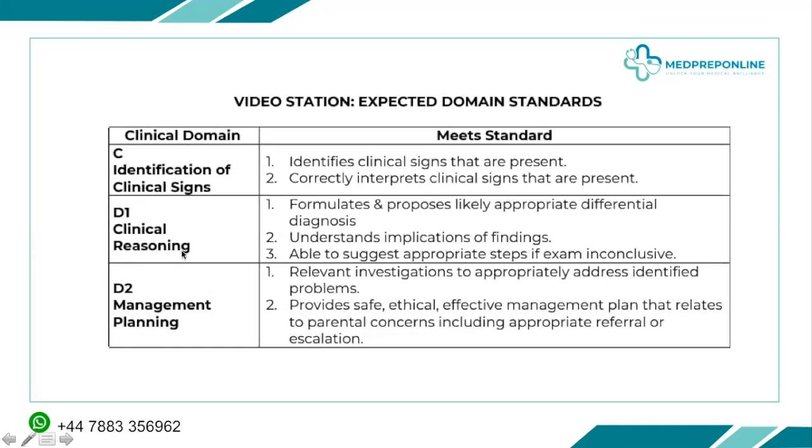Similarly, D1, in which we are doing the clinical reasoning, being the differential diagnosis: not only the differential, but you also have to tell why you have kept that differential and how to exclude it or differentiate it from the diagnosis. In D2, you have to tell about the management planning and what problems the child is having. You have to tell all the points, and if needed, referral or escalation.